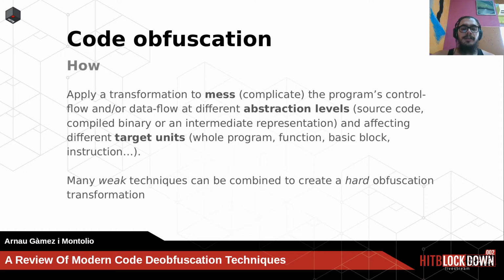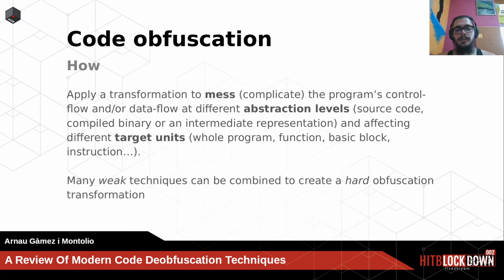And how are those transformations basically applied? Usually the idea is to complicate the program's control flow and data flow. At different abstraction levels, we can see source code, a compiled binary, or even an intermediate representation, with those transformations affecting different target units. We can have, for example, the whole program, a function, a basic block, or even a single instruction.